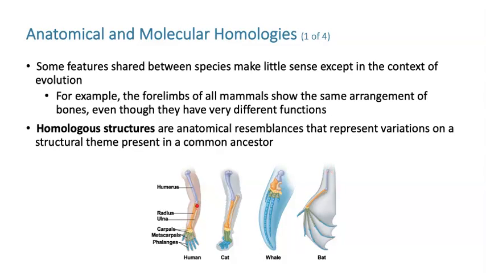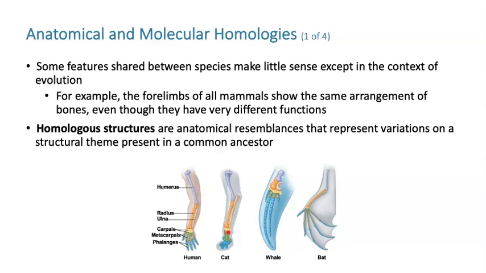Next, there are two bones that connect, the radius and ulna, and you see that same situation in cats. You see these two bones connected to that one bone in whales, and the same thing in bats. And then you have a whole bunch of little bones here called the carpals, and they branch off into fingers called the metacarpals and phalanges. And you see the same thing in cats.